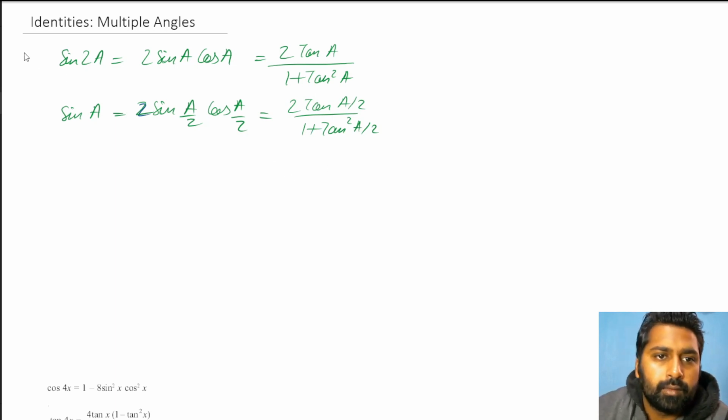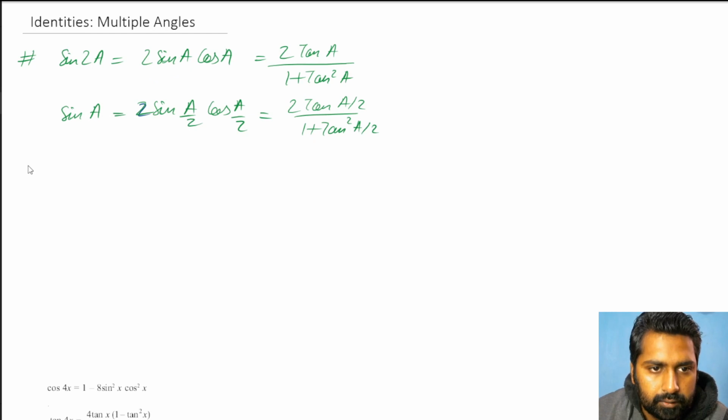I'm writing both double 2a as well as a, but get the idea. The idea is that every time you are writing an identity, the angle is becoming half. 2a becomes a, becomes a by 2.